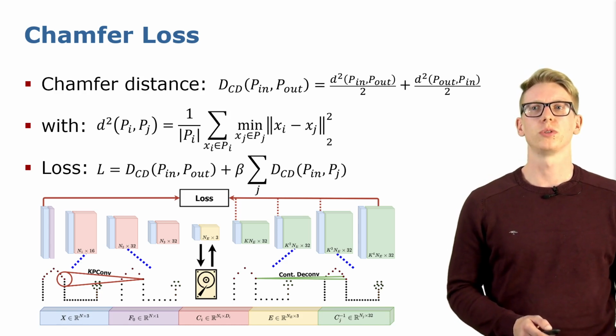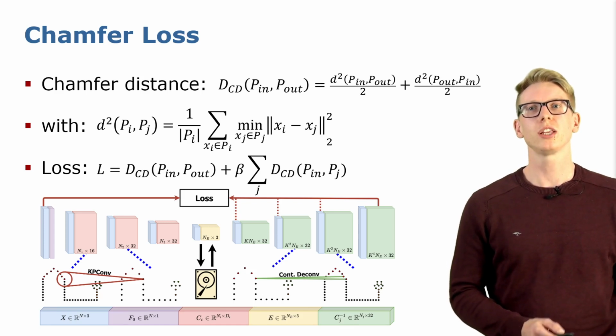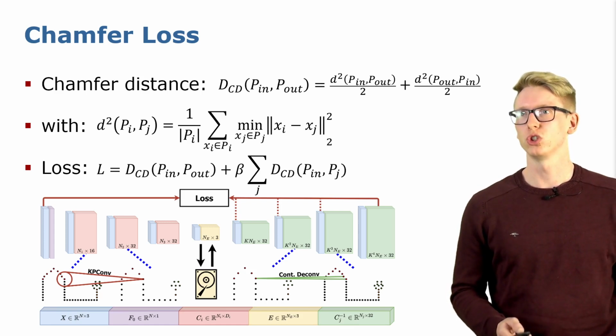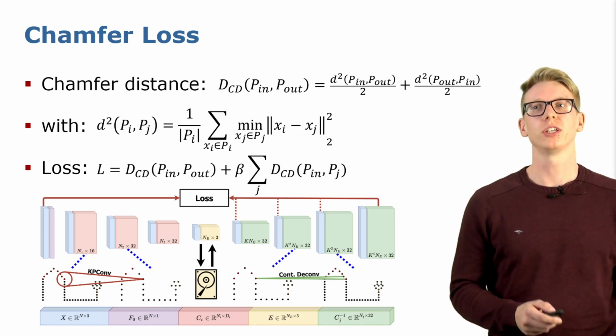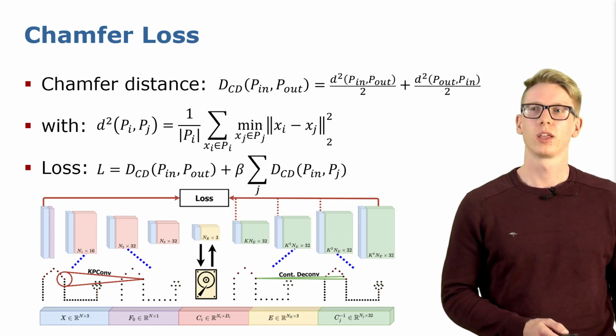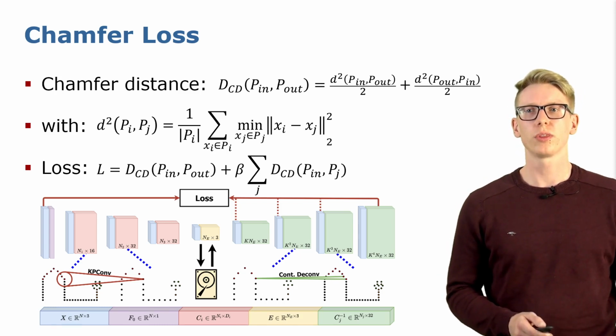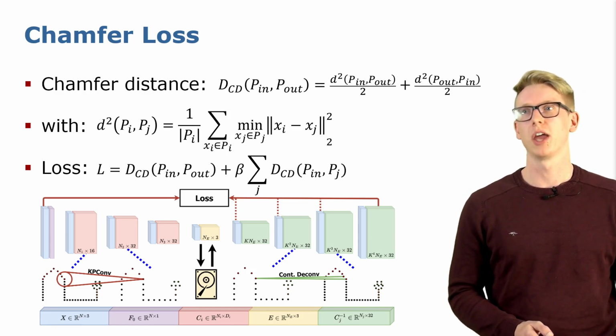We do not only compute the chamfer distance between the input and the output, but also between the input and each intermediate cloud of the deconvolution. This increases the quality of the final map and also makes the intermediate point clouds lower resolution versions of the input. Our objective to restore the point cloud as accurately as possible does not require any supervision, and we can learn the parameters in an end-to-end fashion.